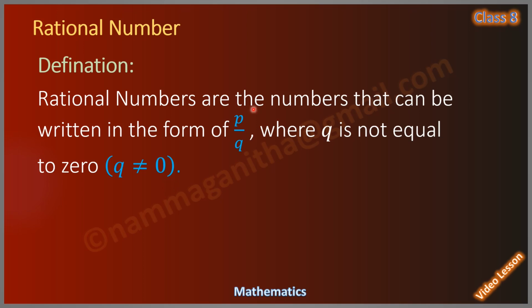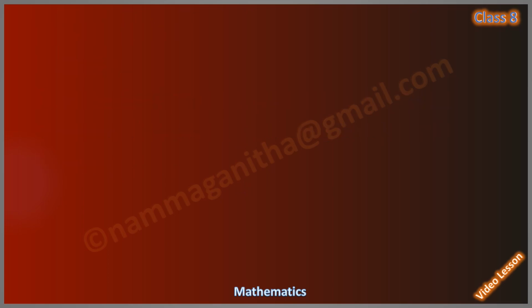If we write any number in the form p by q, then that number is called a rational number. But the condition is that the denominator q should not be 0, and p and q are integers.